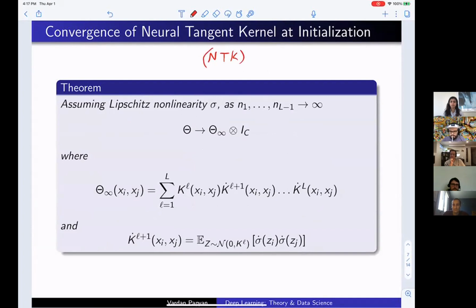In that paper by Jacot et al., what they've shown is that assuming that your nonlinearity is Lipschitz, and we can go into what a Lipschitz nonlinearity is, and more importantly, assuming that the number of activations in each layer tends to infinity, then the NTK matrix, which is this theta, tends to a limit, which is theta infinity Kronecker product with an identity matrix. So in simple words, what does this mean?